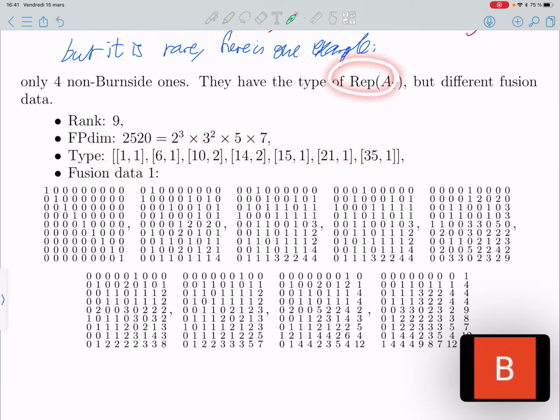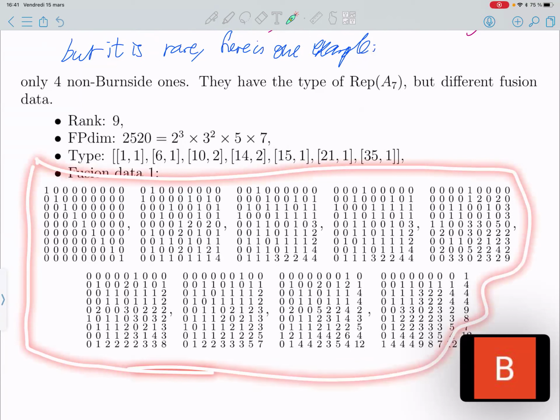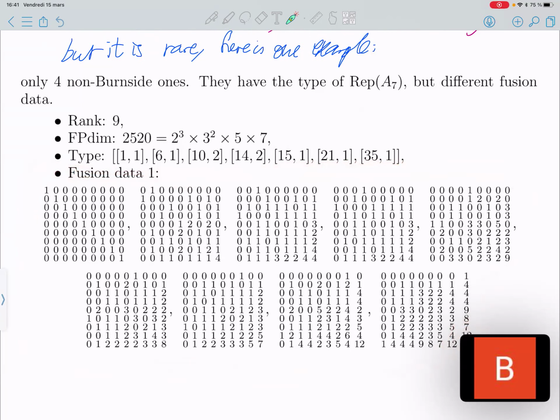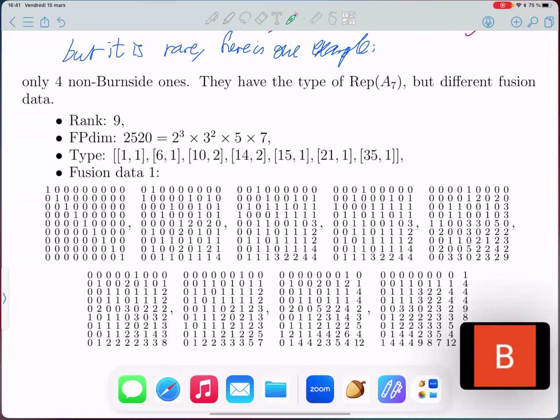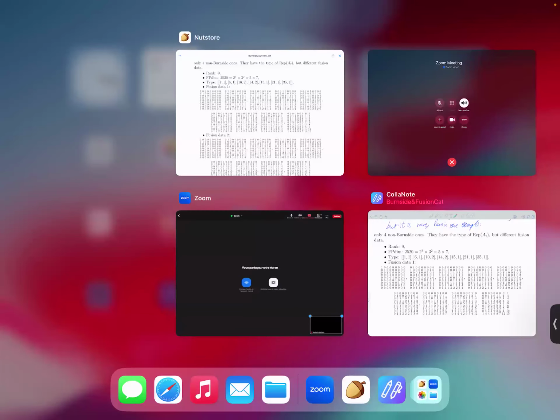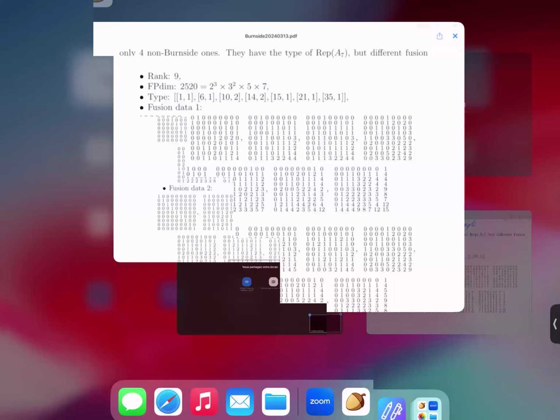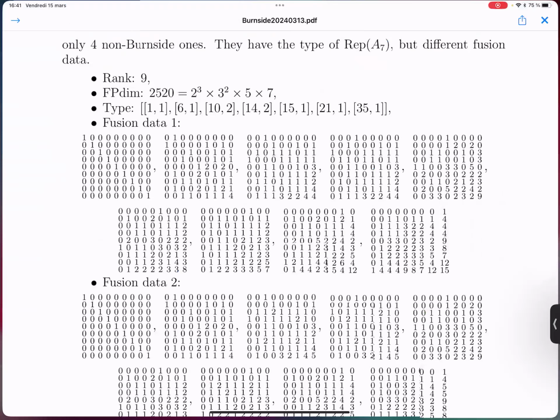One of them is the Grothendieck ring of that, which is Burnside, because every group is Burnside. But some other ones are not, for example, this one is not Burnside, because, in fact, you can reformulate it at the group level.